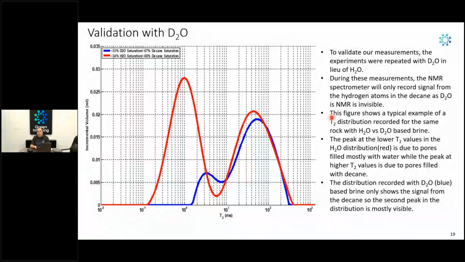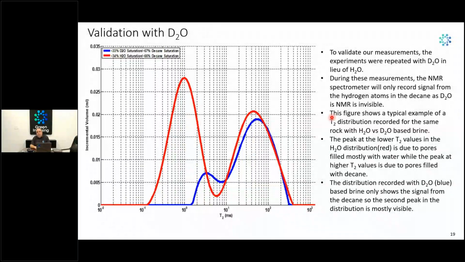In a perfect world, we would validate our measurements with a corresponding wettability measurement. But as I said, there are various reasons for not being able to get a wettability measurement of these unconventional samples easily. But what we can do is verify the saturation all the time.